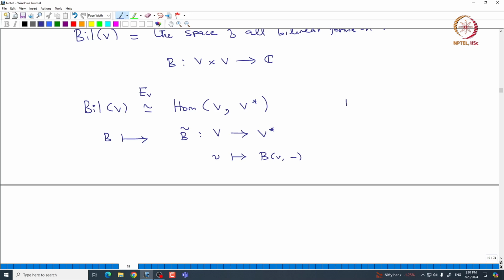I will leave it as an exercise. This is a vector space isomorphism.